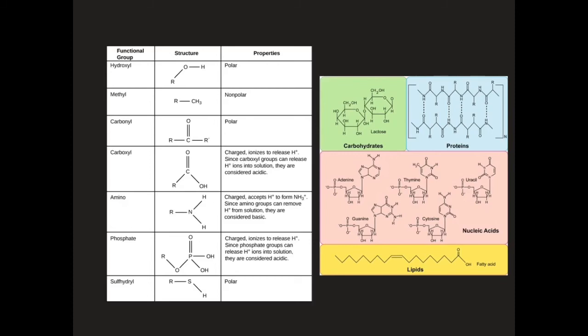So the hydroxyl group is primarily, as you can see from the table, polar. And so you'll notice that hydroxyl groups are attached to many structures. So for example, a hydroxyl group is attached to the R group of the amino acid tyrosine, which is why some biologists believe that it has a tendency to be slightly polar.